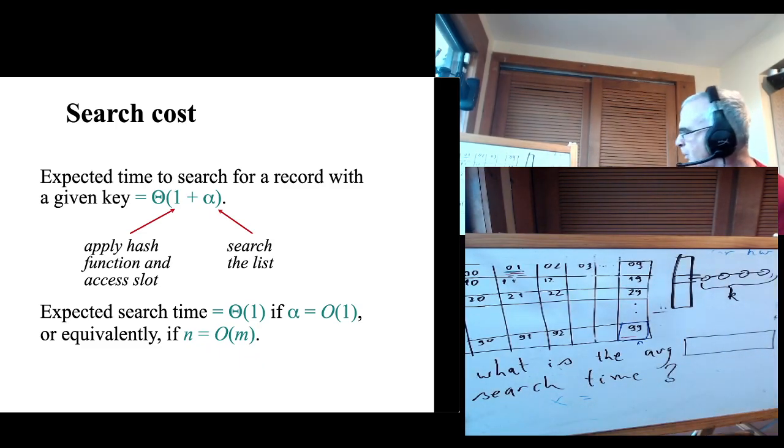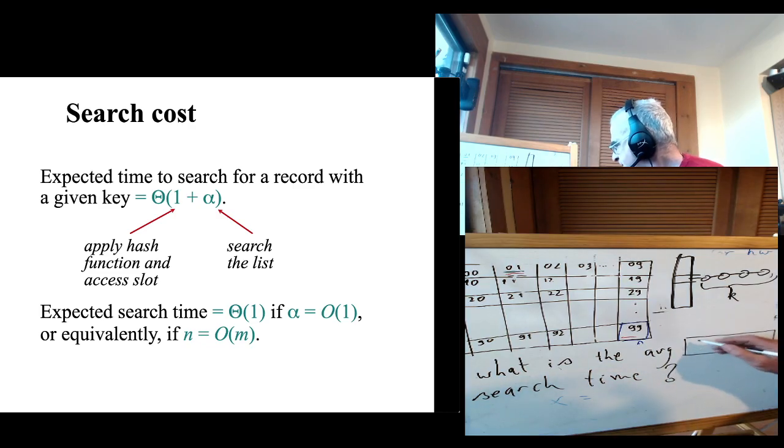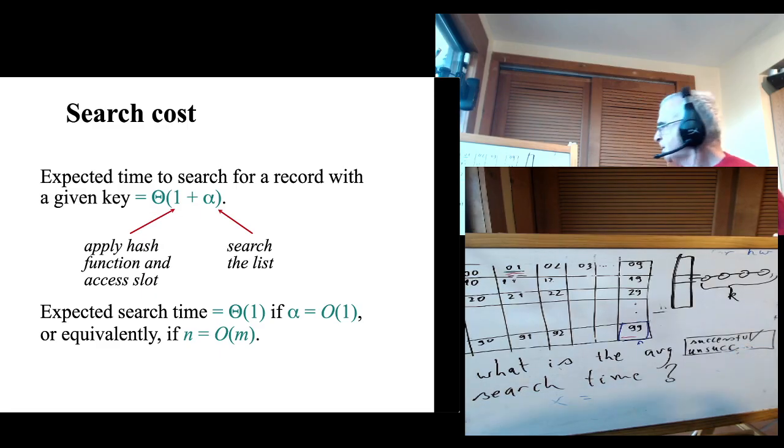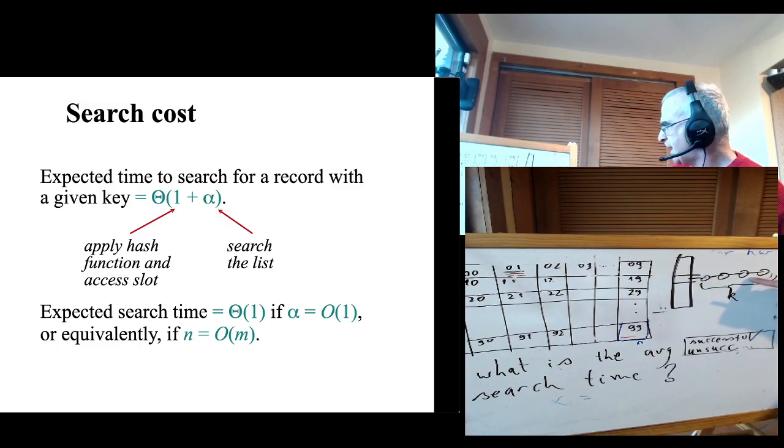And the word that I keep here as blank might be successful or unsuccessful. Successful means I'm searching for a key that I know for sure is one of the keys, so my search will end up by finding this key. Unsuccessful will be I'm searching for a key that is not in the table.